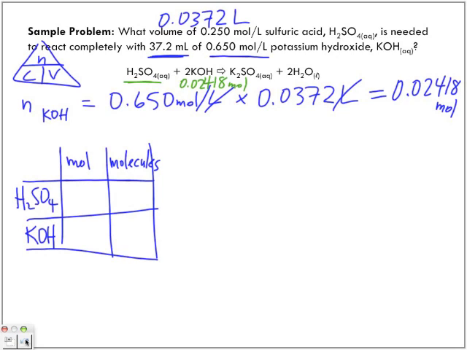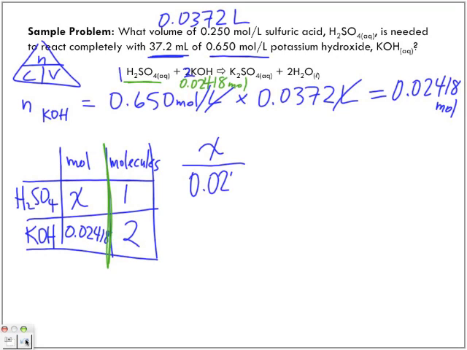So potassium hydroxide we just calculated 0.02418 moles. The number of moles of sulfuric acid is what we're trying to find. But the ratio is a 1-to-2 ratio. So separating these two sides, we get X over 0.02418 moles equals 1/2.